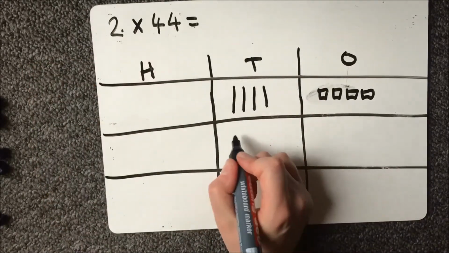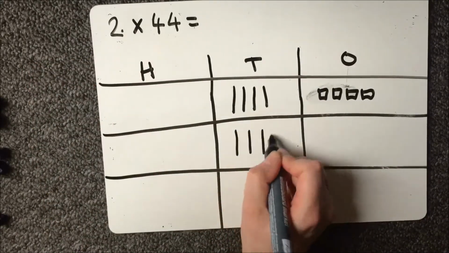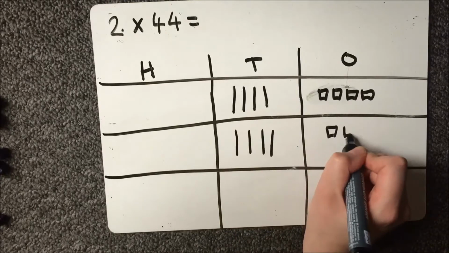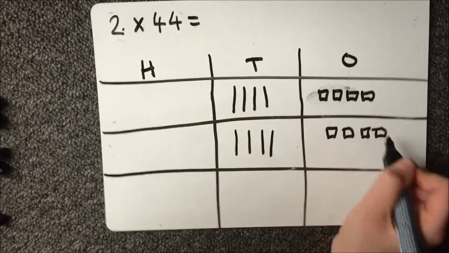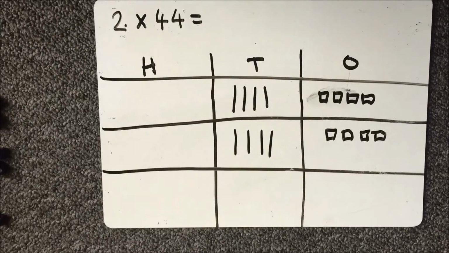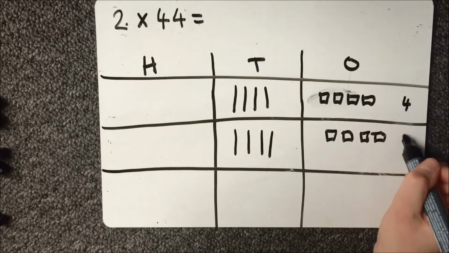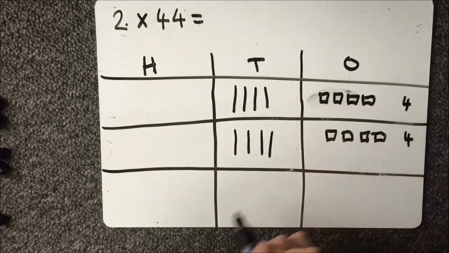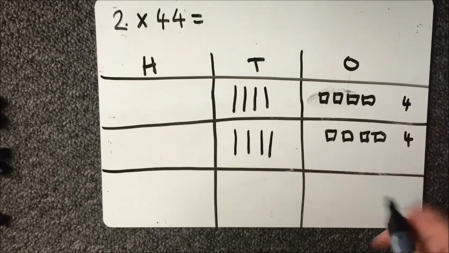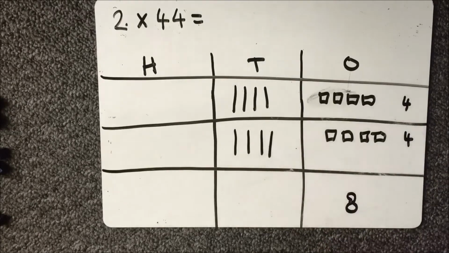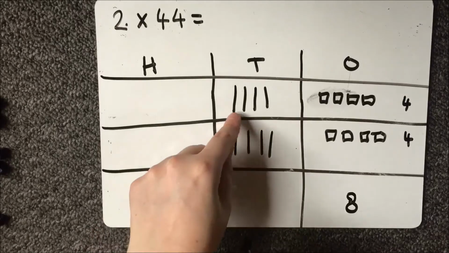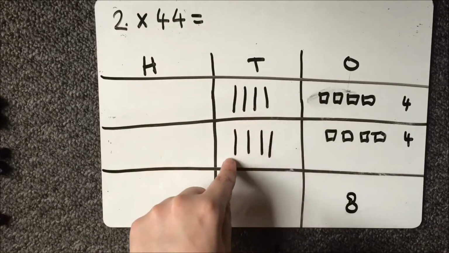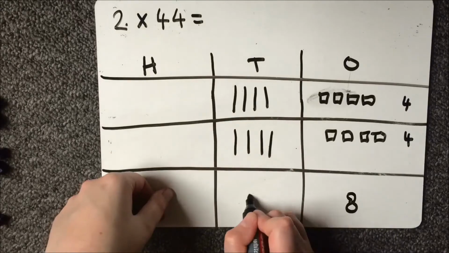We need 2 groups. So we go underneath 10, 20, 30, 40. 1, 2, 3, 4. How do we get the answer? That's right, just like last time, we have to add up each column, starting with the ones. So we can count in 4s here because each ones group has 4. Ready? 4, 8. What about our 10s? 10, 20, 30, 40, 50, 60, 70, 80.